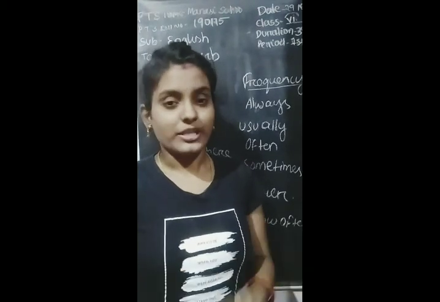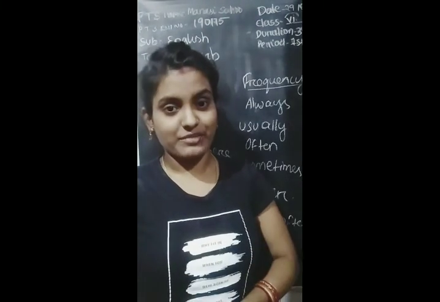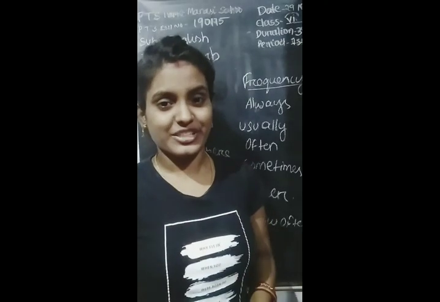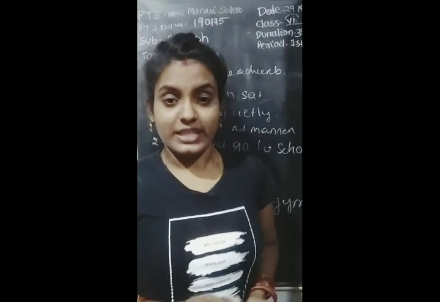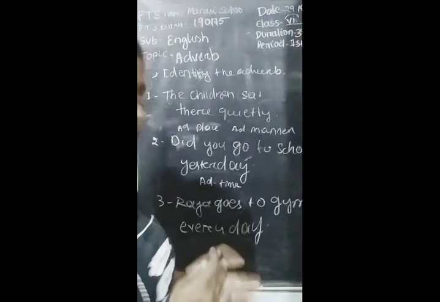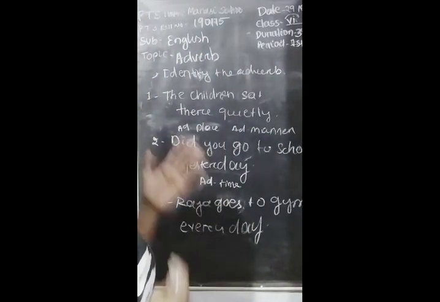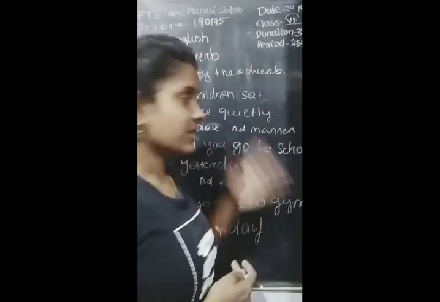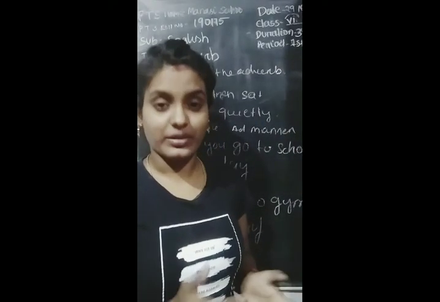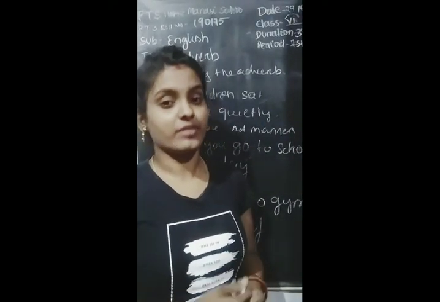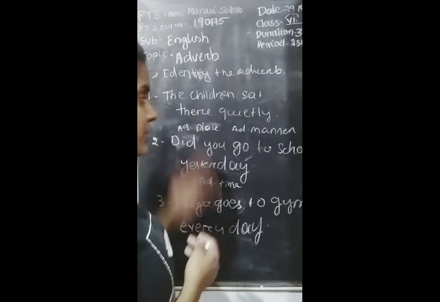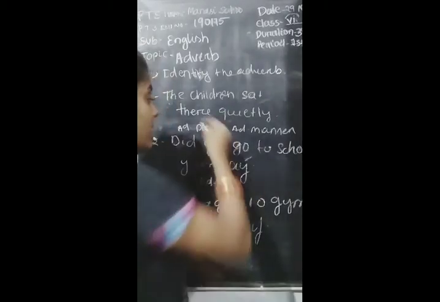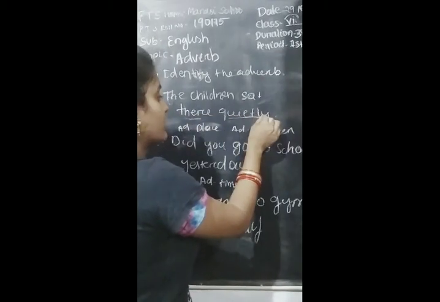Now I have some activity for you, so let's do it together. Look at the sentence on the blackboard and identify the adverbs used in this sentence. Now start. Prerna, now tell me. Very good. In the first sentence there are two adverbs, and they are there and quietly.